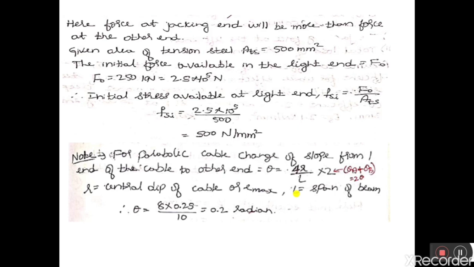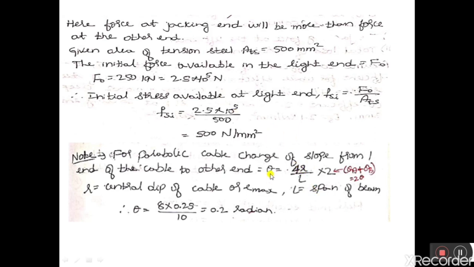So here the cable is pulled from one end, therefore theta is equal to 2 into slope. Theta is equal to 2 into slope, whereas slope is equal to 4r by L. So slope is equal to 4r by L, where r is the central dip, that is 250 millimeter.